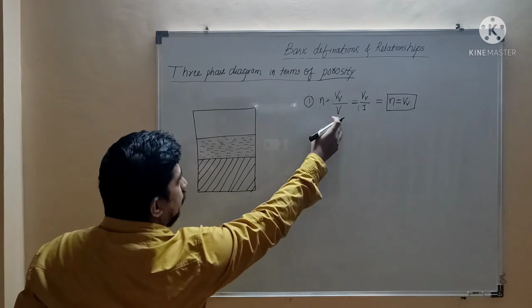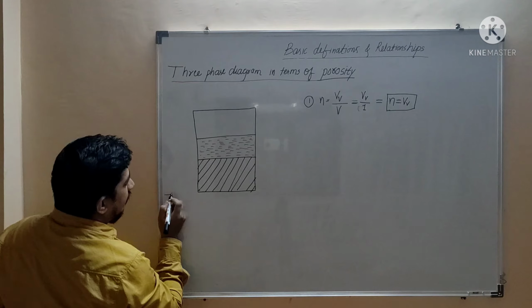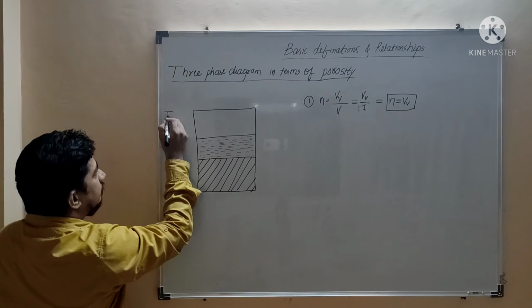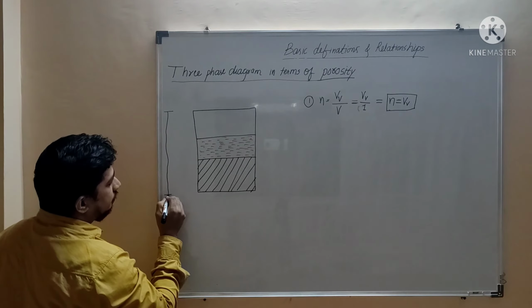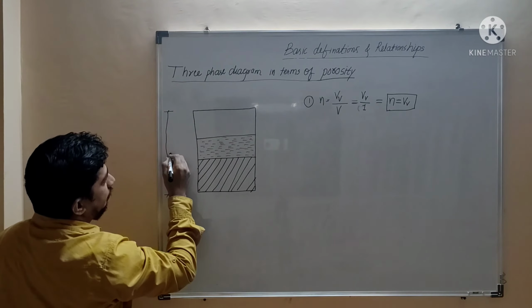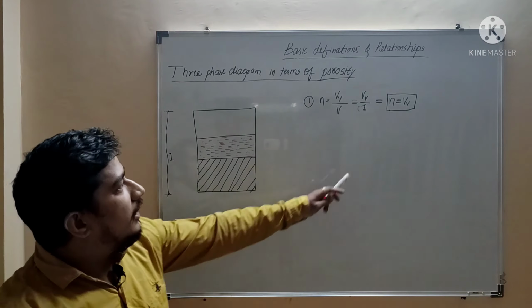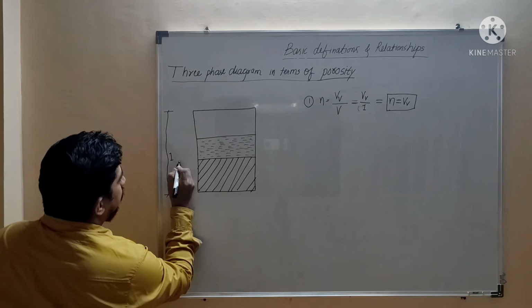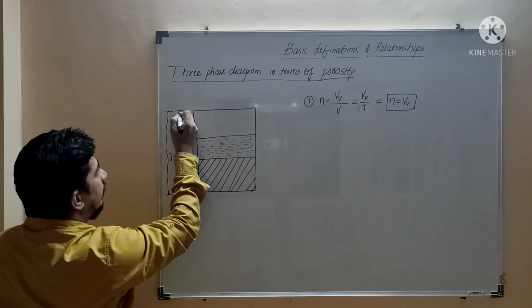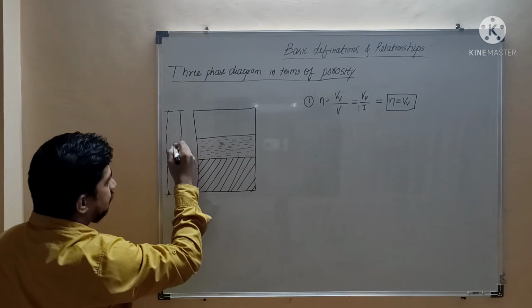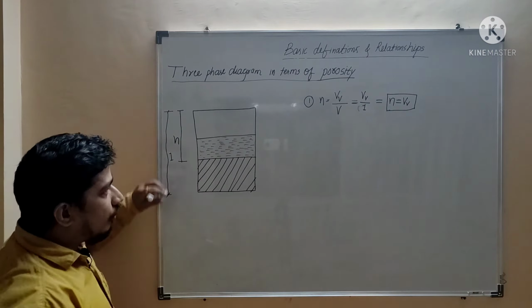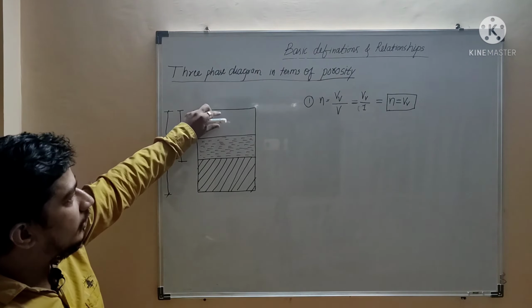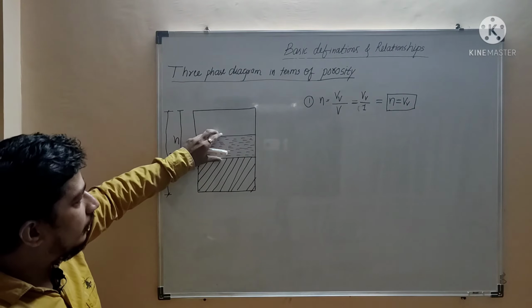So total volume is 1, so I can write it like this. After that, n is equal to volume of voids, that is nothing but the porosity. Out of this void, some part is occupied by air and some part is occupied by water.